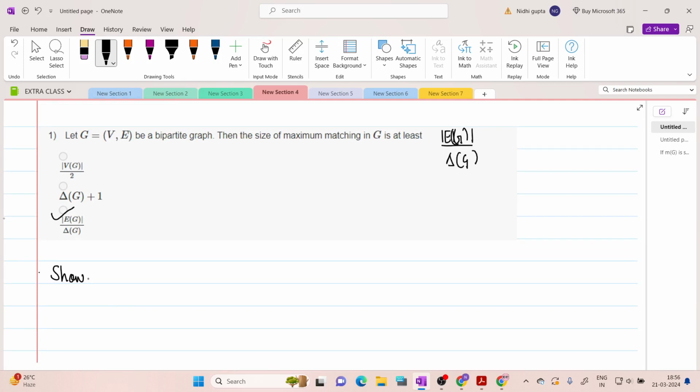Now we have to show that the size of maximum matching in G is greater than or equal to the number of edges divided by delta G.